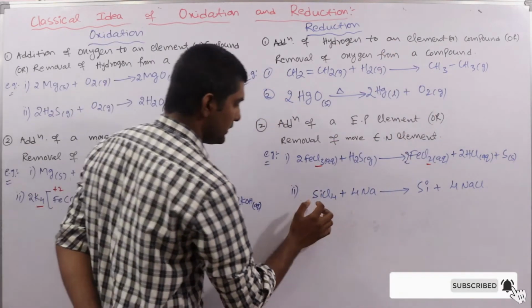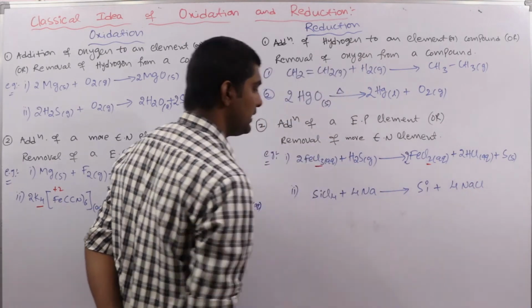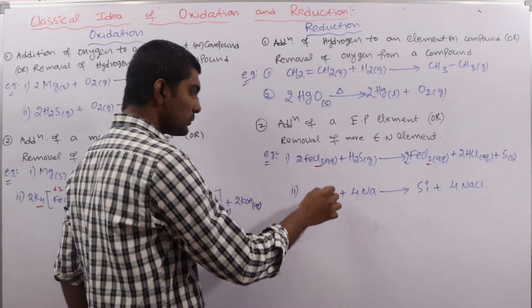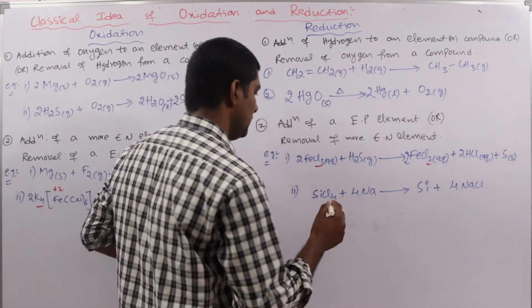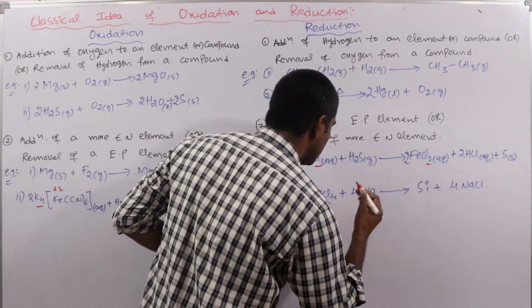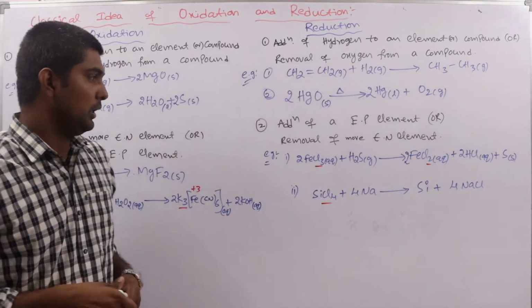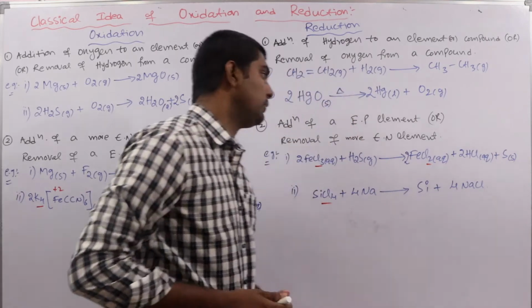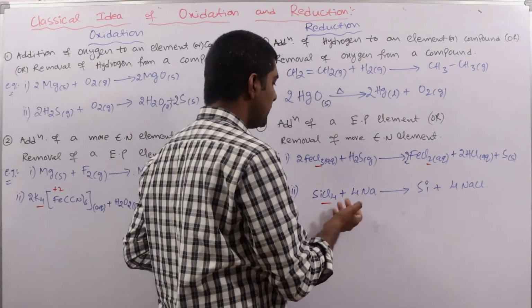Or see this, SiCl4 plus Na gives silicon plus NaCl. For this compound we have added sodium, yes or no? We have added sodium, which is a more electropositive element, so that's why it is a reduction.